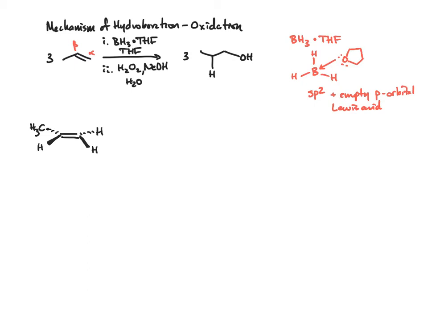So in the correct approach, we're going to have the H adding to the beta carbon, the boron adding to the alpha carbon. Then we're going to go ahead and put in that empty p orbital on the boron.